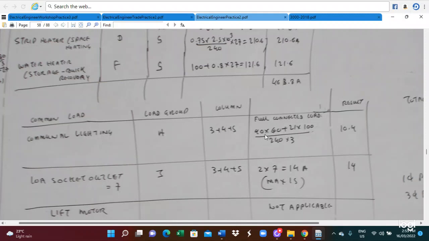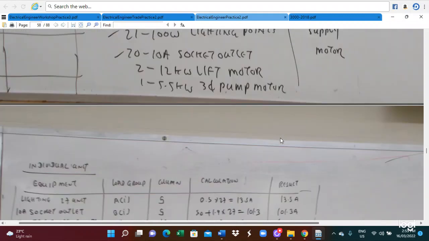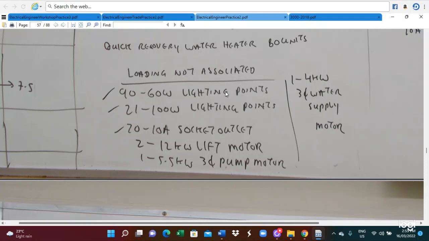So 60 multiplied by 40 and also 21 multiplied by 100 because the loads are here. 90 number of 60 watt lighting points, so 60 multiplied by 90. Also 21 number of 100 watt lighting points, so 21 multiplied by 100.